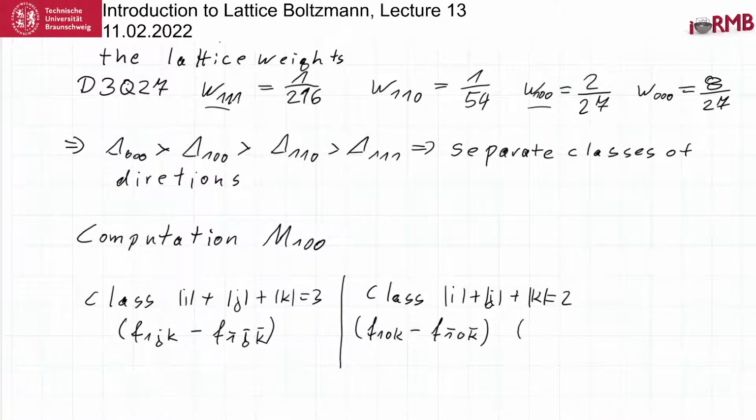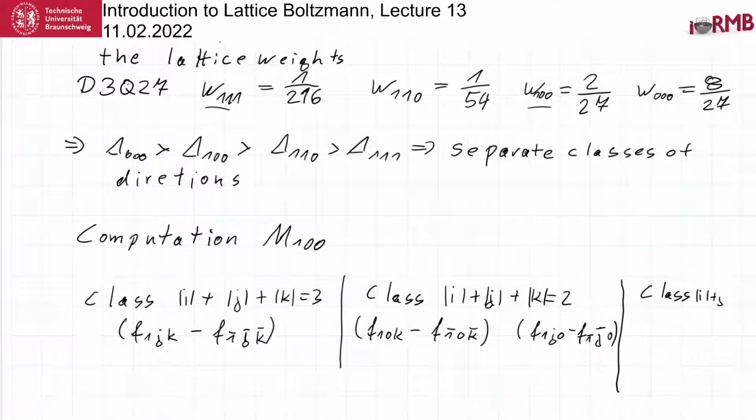This is one possibility, and we have f1j0 minus f minus 1 minus j and 0. This is the second class, and then there's the third class.